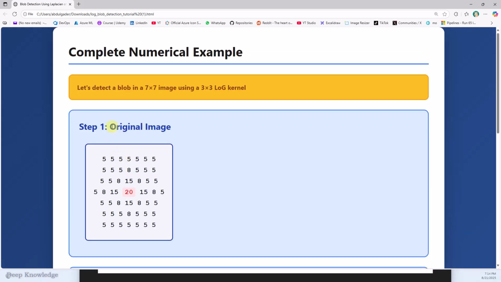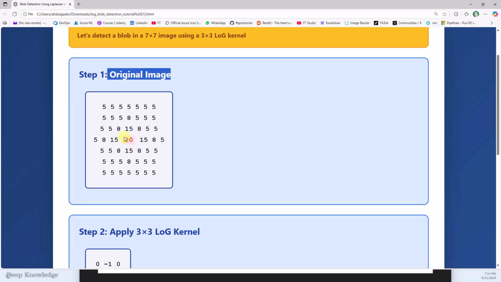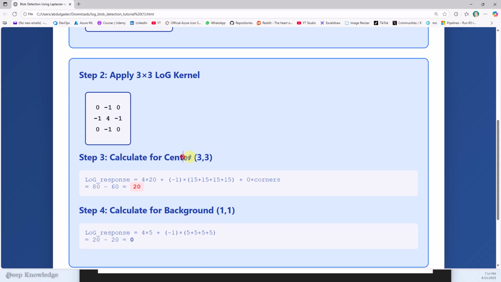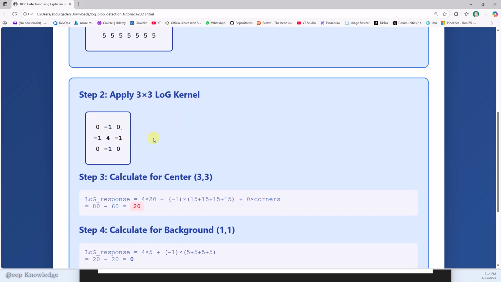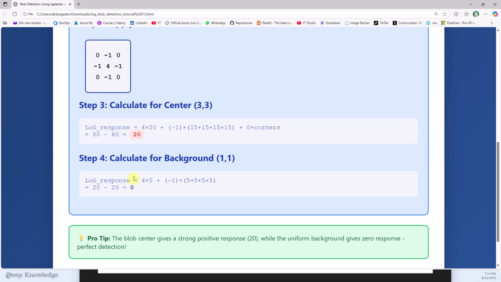Here we have the original image, and we focus on this pixel, which is, I think, 3, 3: 3 in the x direction and 3 in the y direction. You can see 0 1 2 3, and here 0 1 2 3, and this is the center pixel.